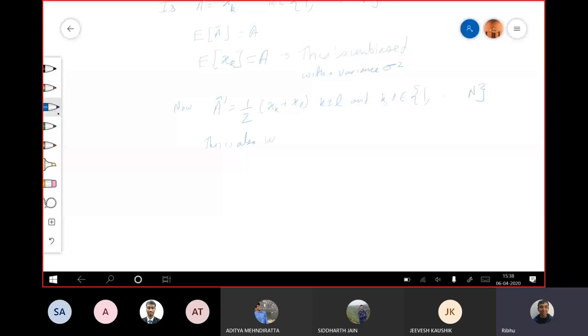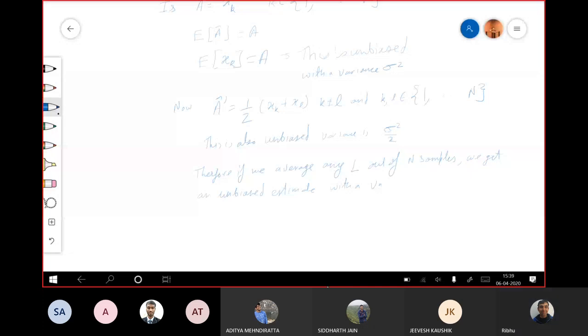If we average any L out of the n samples, we get an unbiased estimate with a variance sigma square by L.